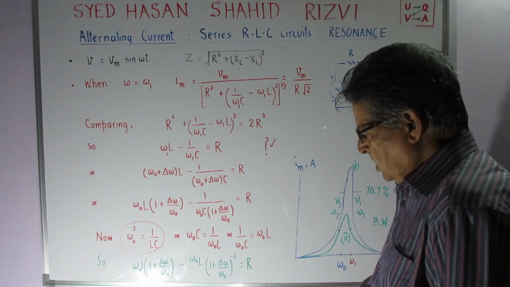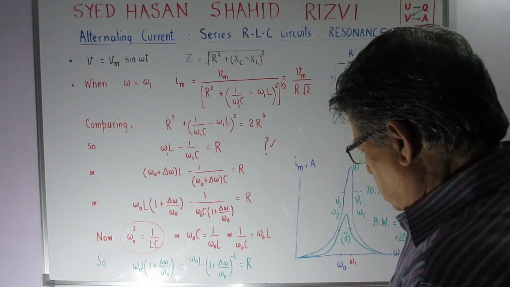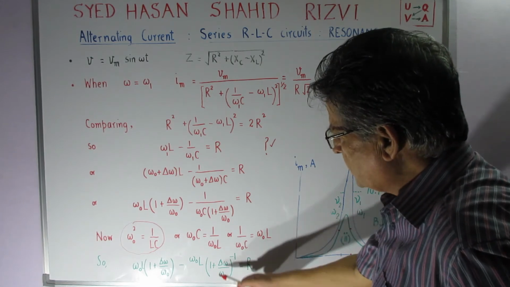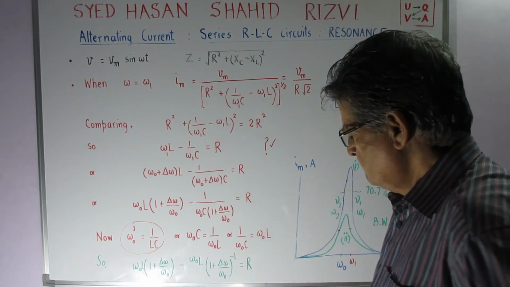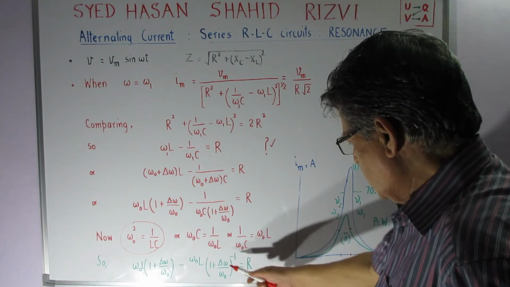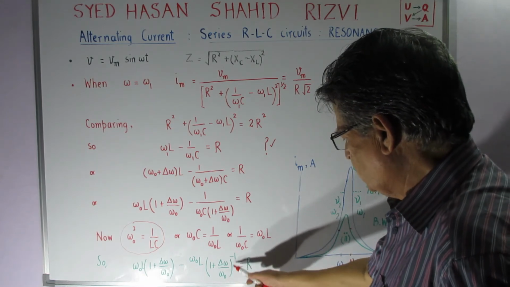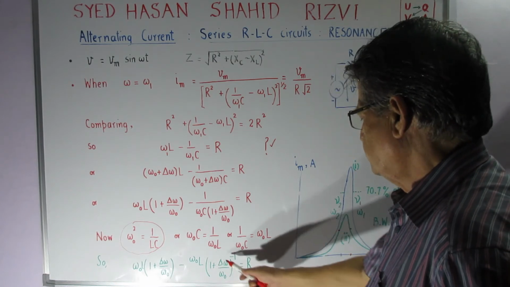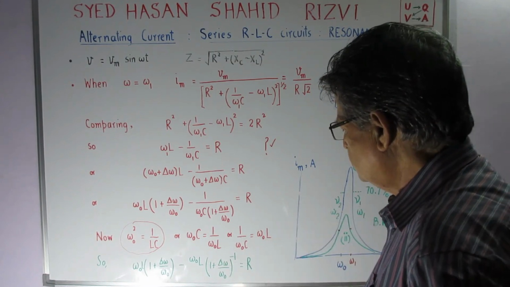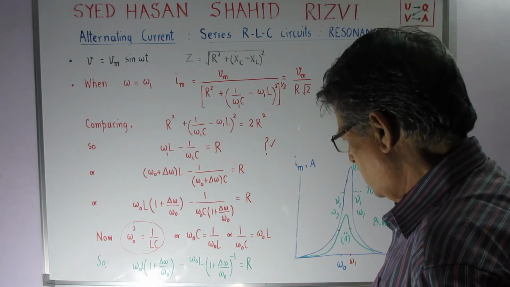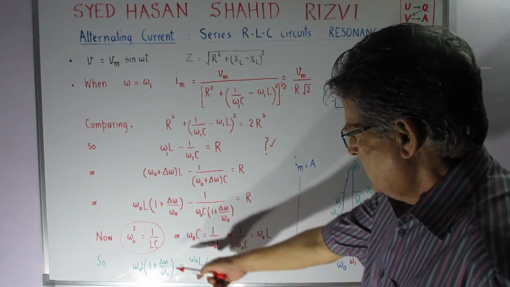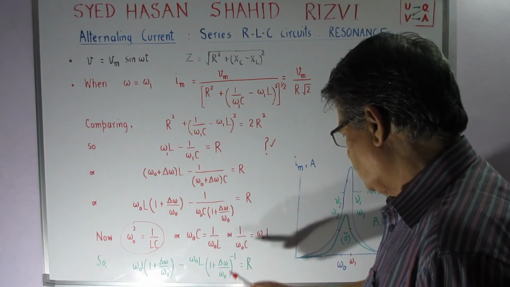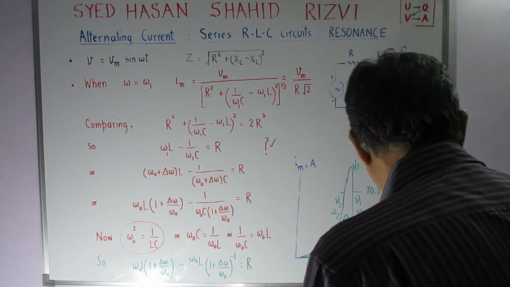Then I make a binomial expansion, and the higher order terms we take as equal to 0. So this becomes equal to 1 minus delta omega upon omega naught. So I have 1 plus delta omega upon omega naught minus 1 minus delta omega over omega naught.